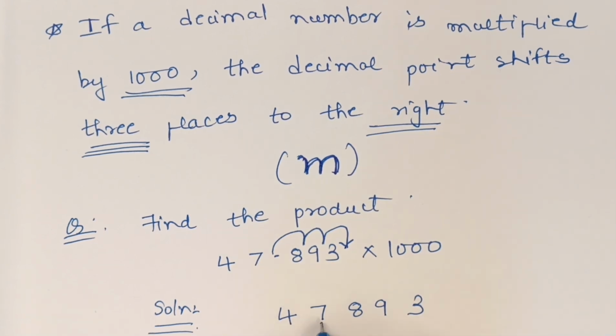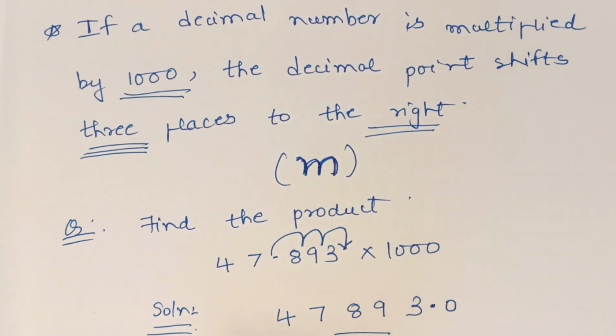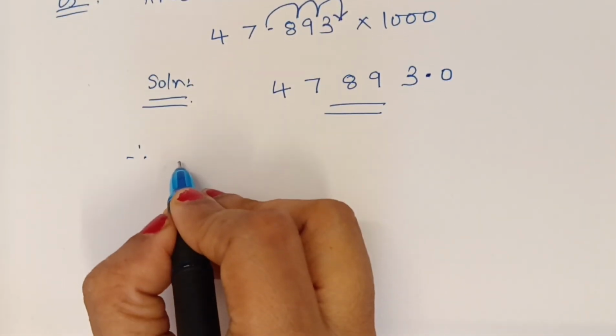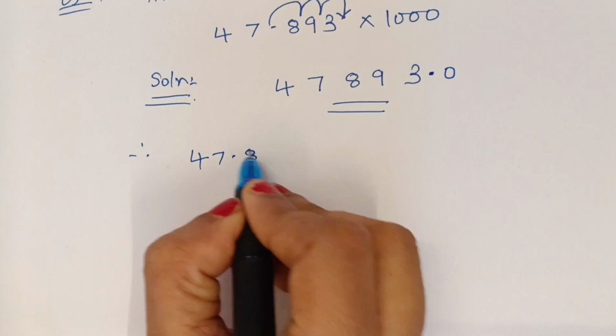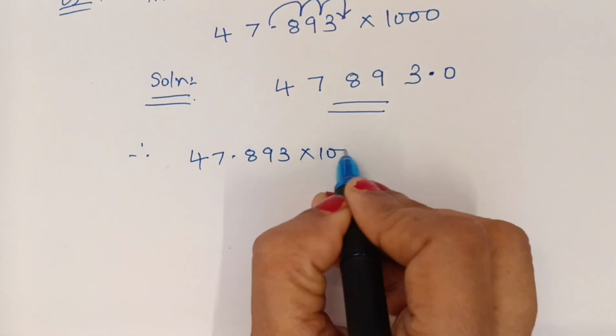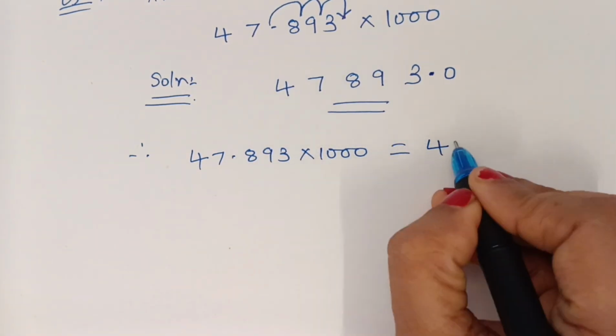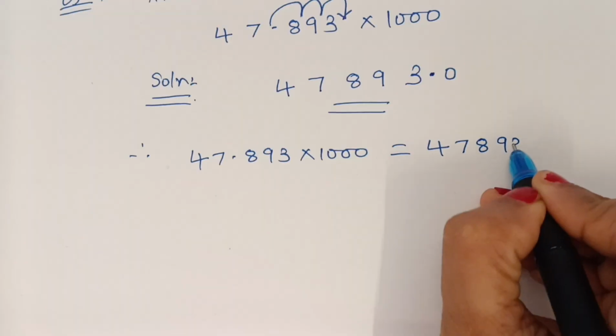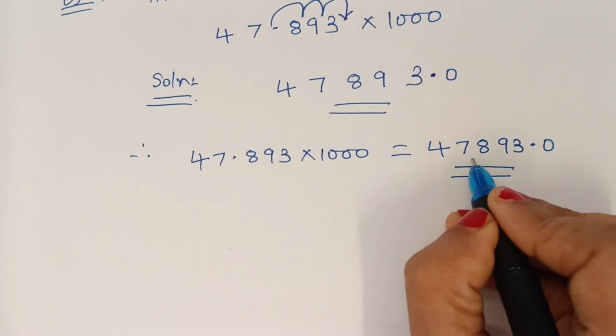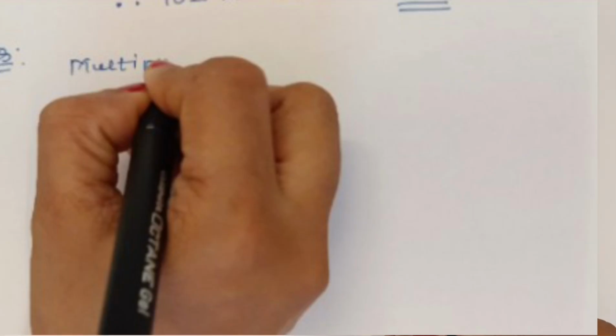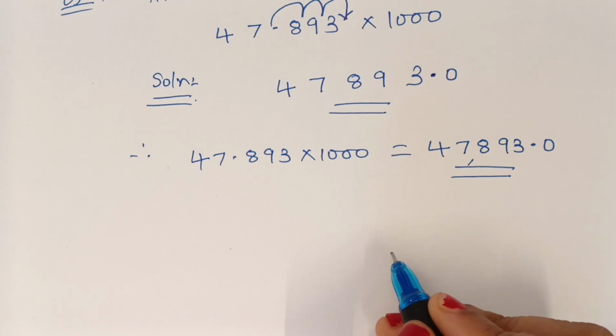That is 47893.0. Therefore the answer of 47.893 into 1000 is 47,893.0.